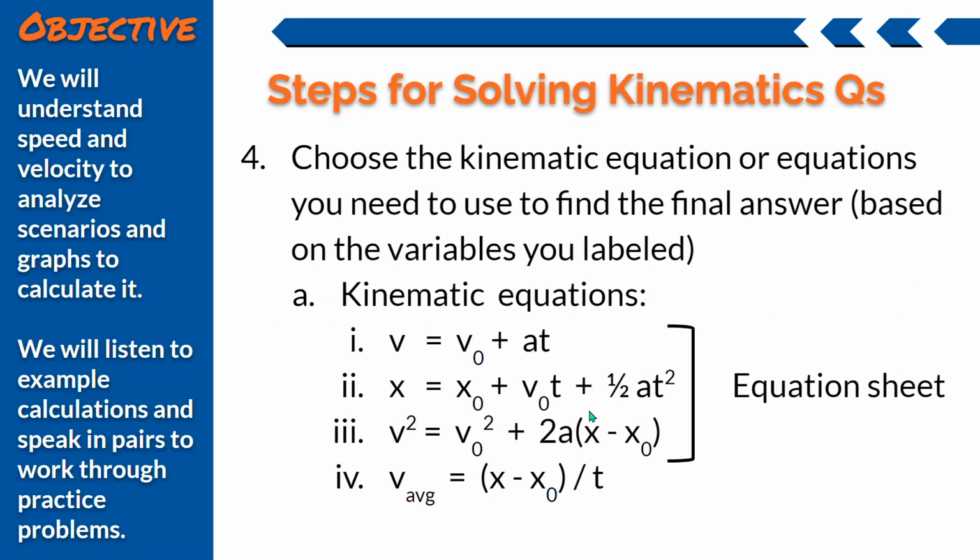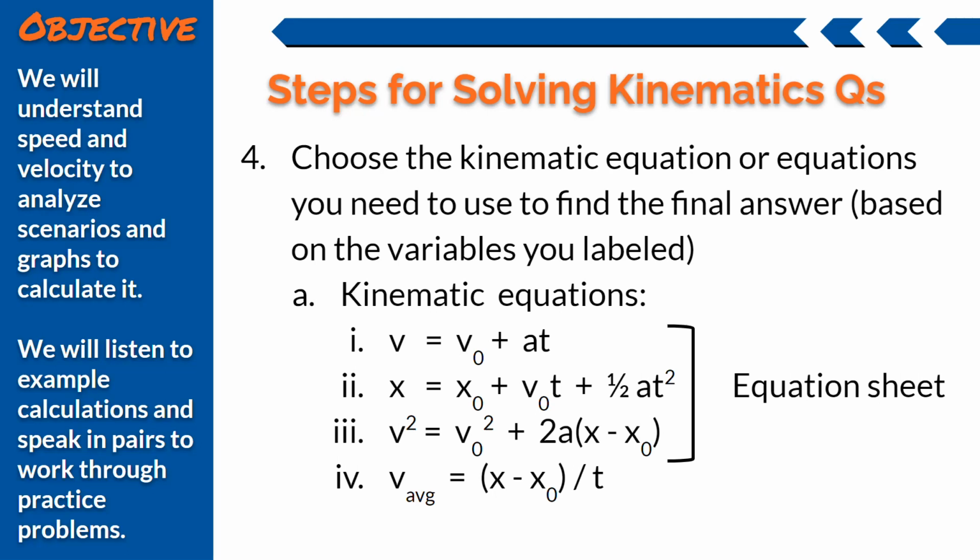This 4th one is not on your formula chart. It is one that you can use, though, if you have it memorized. But again, depending on the variables that you have labeled, you can pick the appropriate equation for that scenario and then work on solving it.